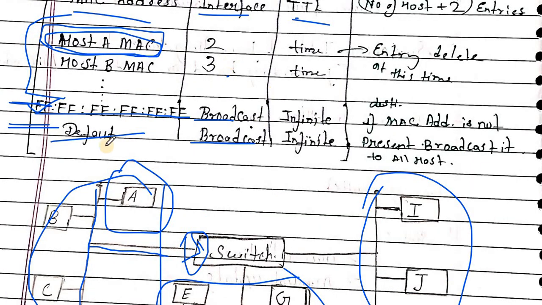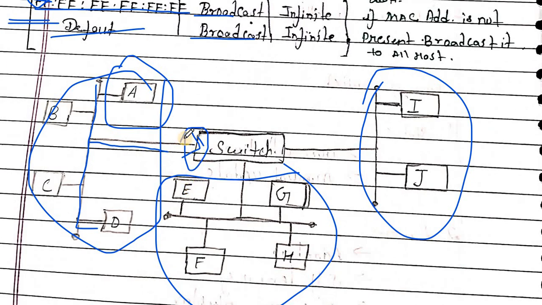But in case the destination MAC address is on the same port as the source, meaning the host MAC address is connected with port 1 and the receiver device is in the same network, also port 1.